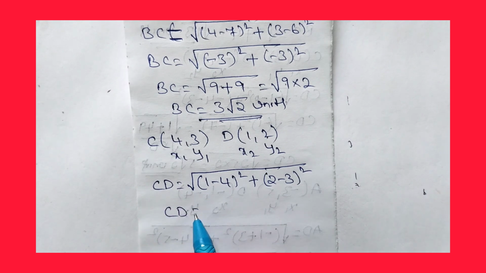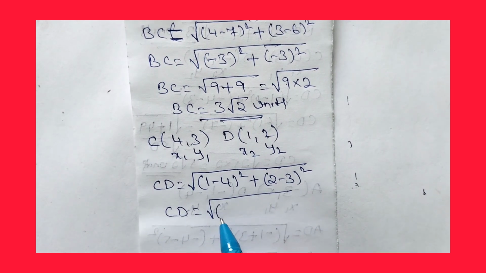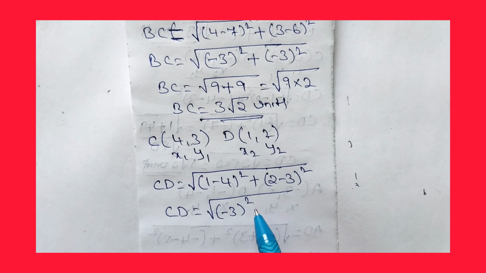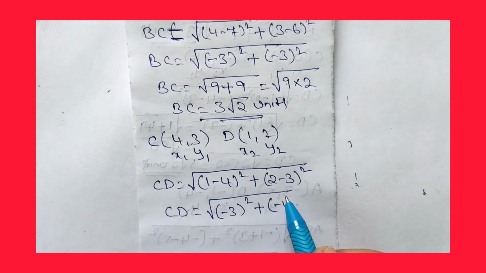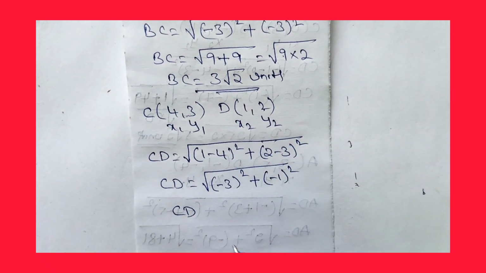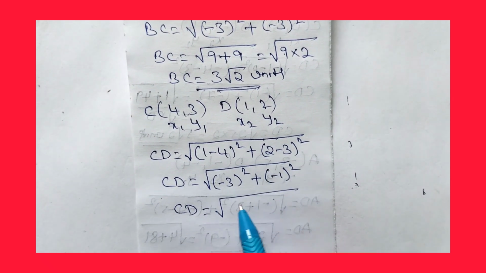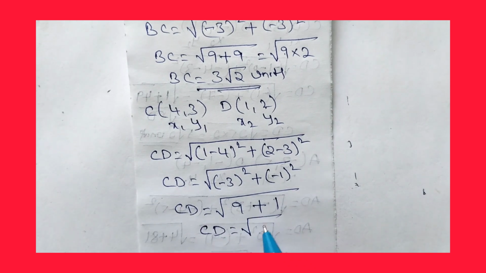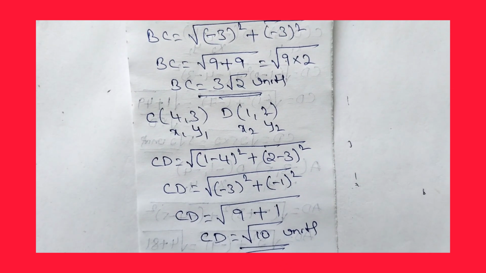So CD is equal to square root of (1 minus 4 is minus 3) whole square plus (2 minus 3 is minus 1) whole square. So minus 3 whole square is 9, minus 1 whole square is 1. So CD is equal to square root of 10 units. So this is the distance between C and D.